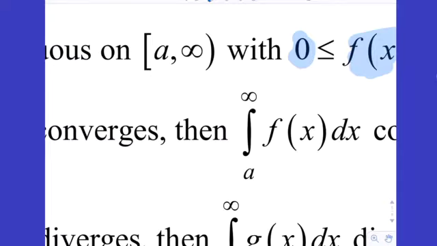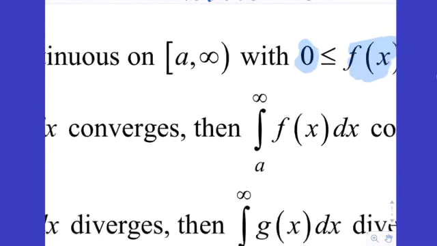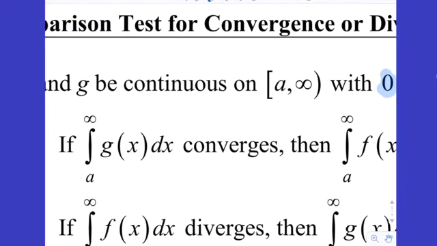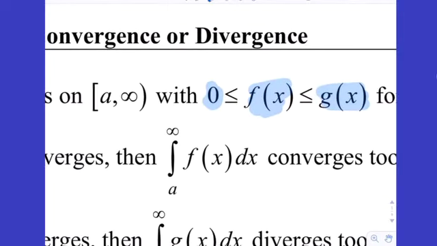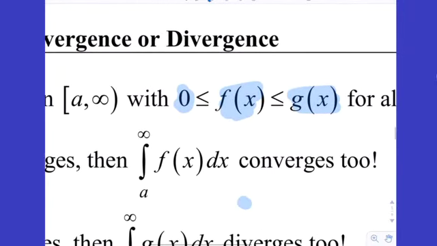That's not how things work. If you have something that's finite, anything smaller than finite is still finite. So kind of the same idea. If the bigger function, g of x, from a to infinity converges, then the smaller function on the same interval converges too! Okay? That's a comparison test. Less than finite is also finite. That's essentially what that means.